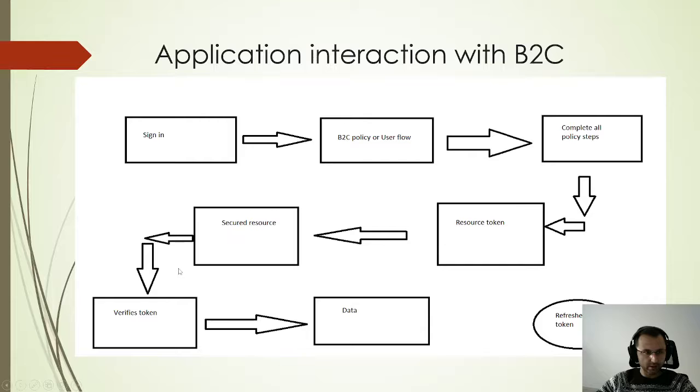By providing that token, it is going to be verified and validated. If everything is fine, the data is going to be returned back to that calling client. It also supports refresh token. If the user wants to have long-lived access without logging in again, he definitely needs to look for a refresh token.